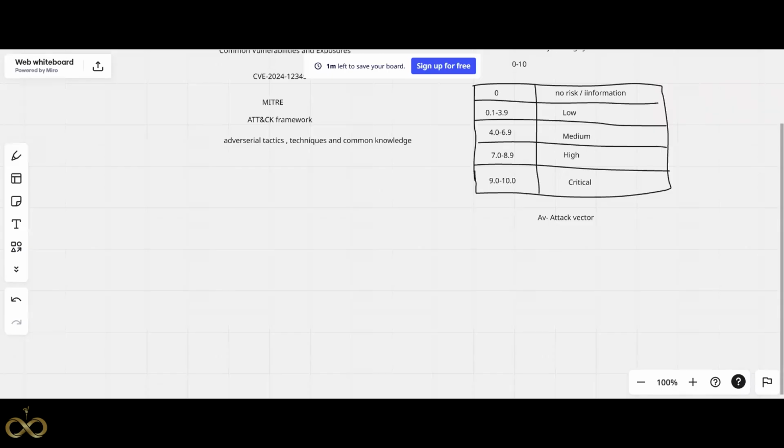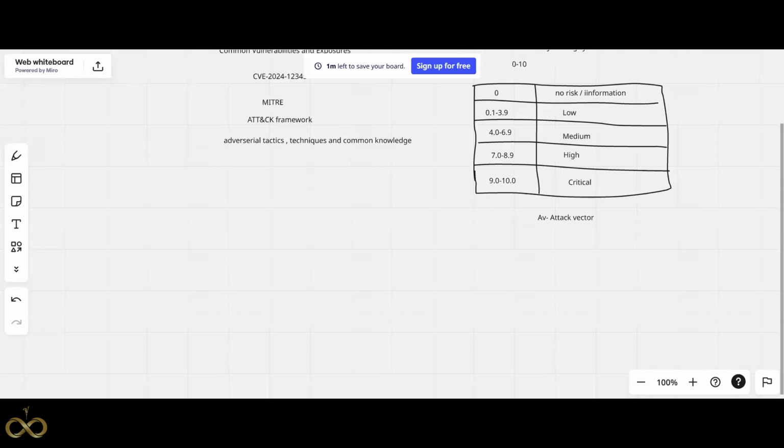Adjacent network means, for example, the attacker is sitting on the same network. Example, your Wi-Fi. You go to a public cafe to have coffee. Both are connected to the same Wi-Fi. One is a legitimate user, another one is a hacker. That is adjacent network. So that's attack vector, AV.